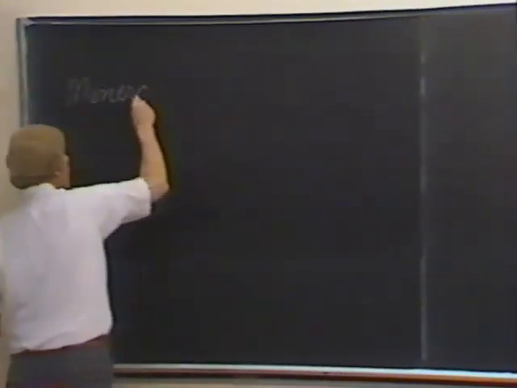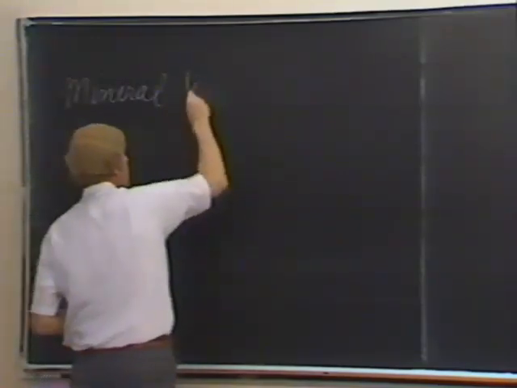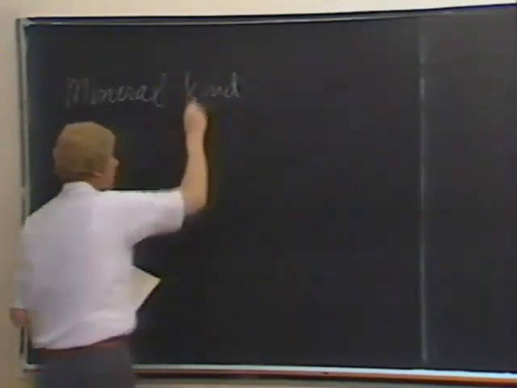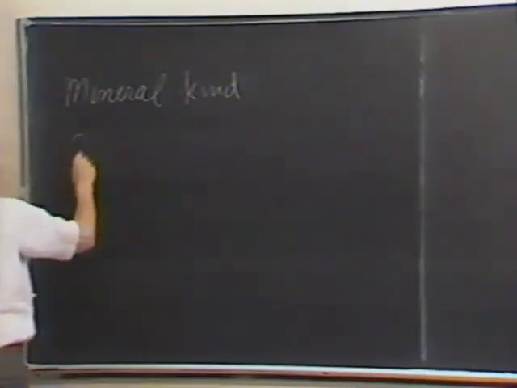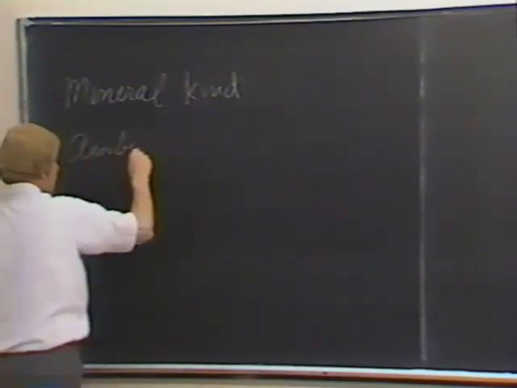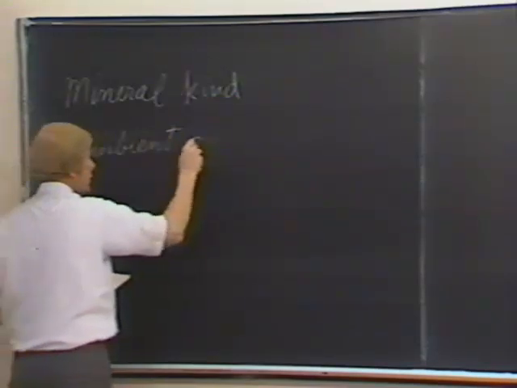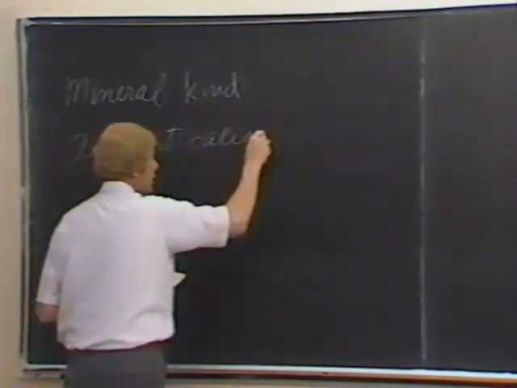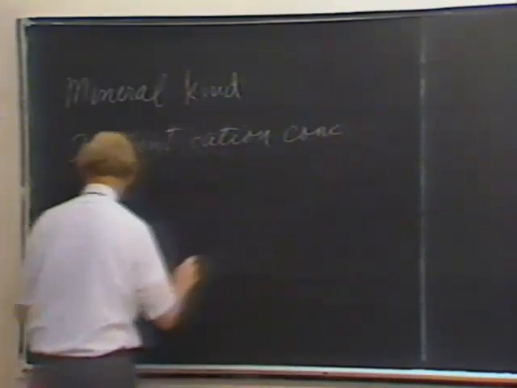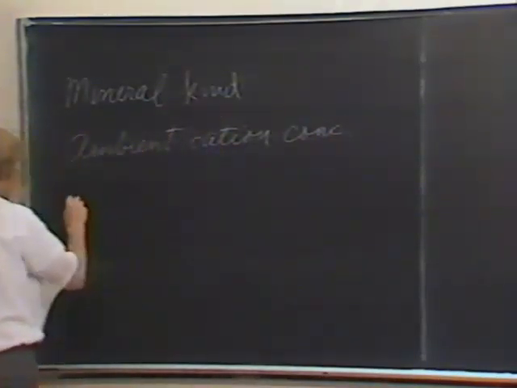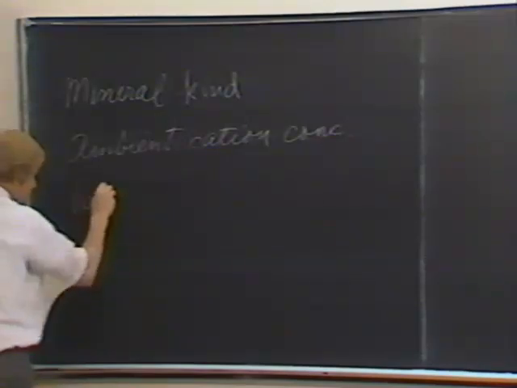Mineral kind. Kind of clay. Cation concentration in the ambient fluid. Valence and hydrated size of the ions.